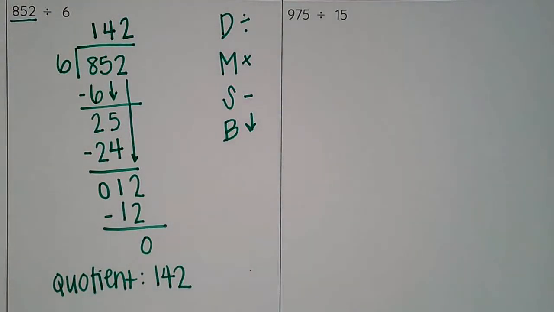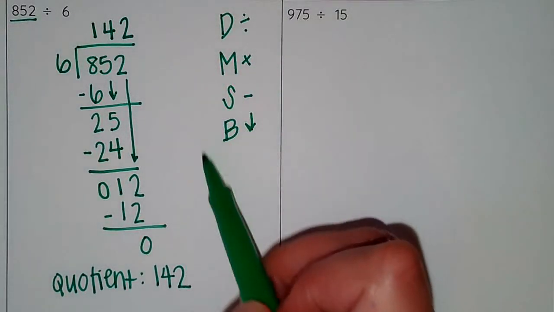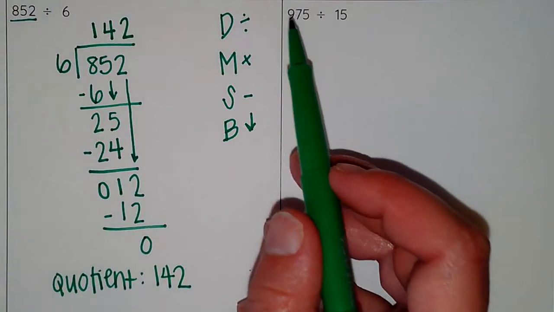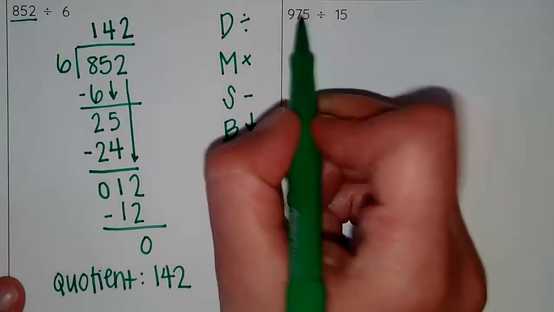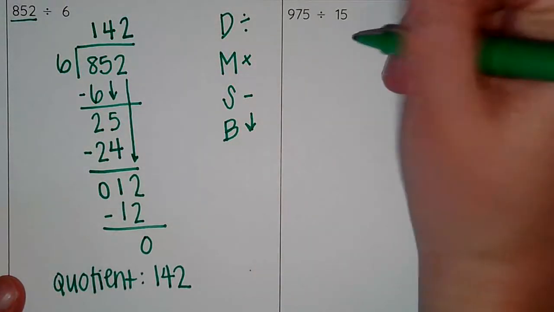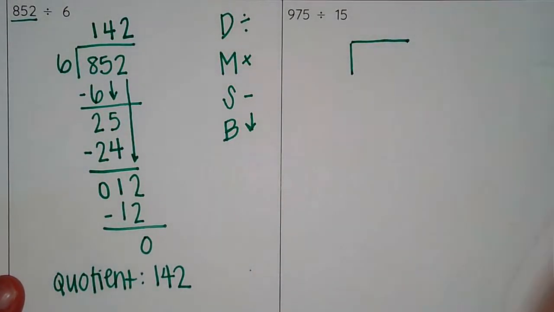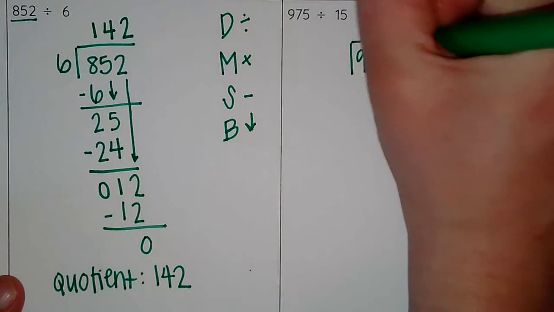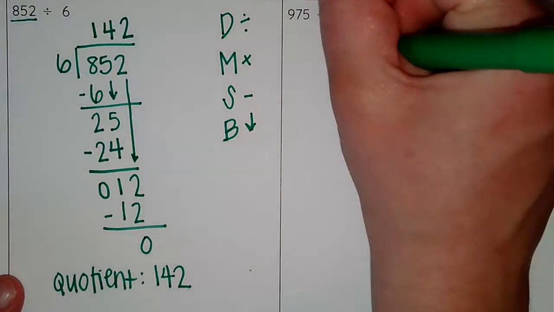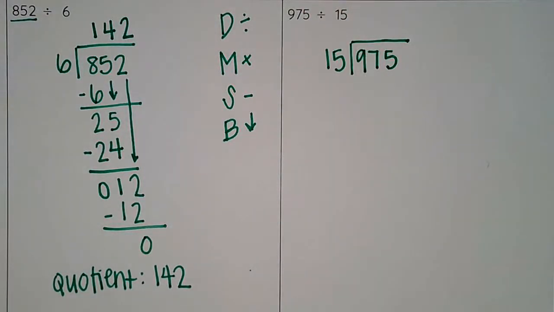All right, let's review a double-digit divisor problem. So again, we can use that DMSB, however you choose to remember that. We remember that 975 is our dividend, so that goes inside of the house. 975. 15 goes on the outside.